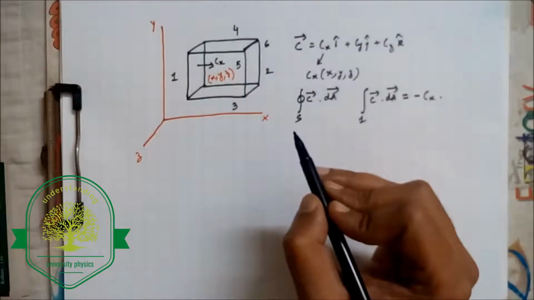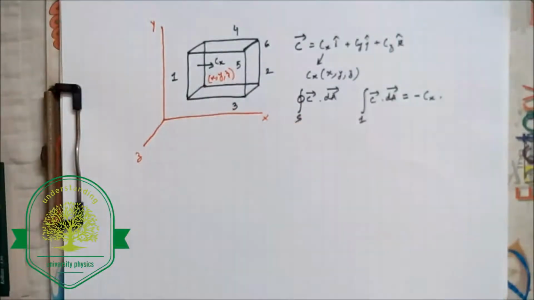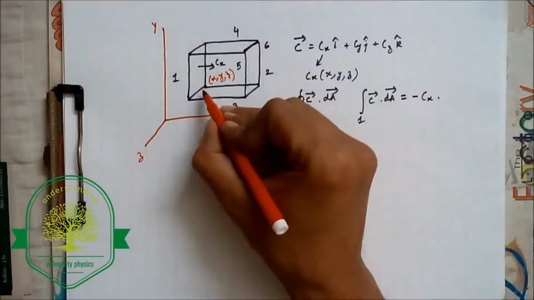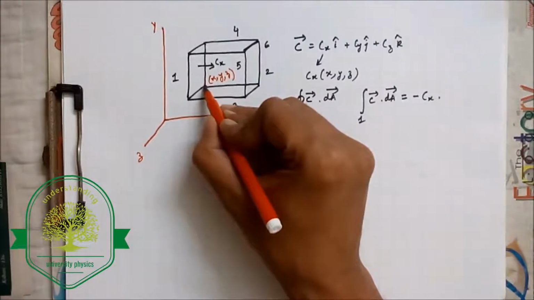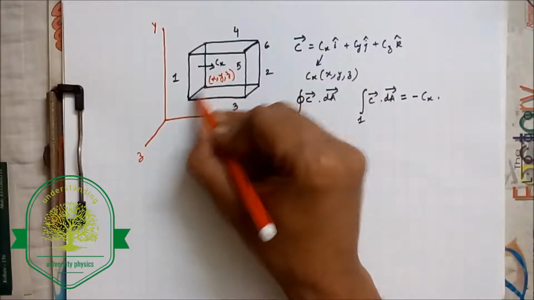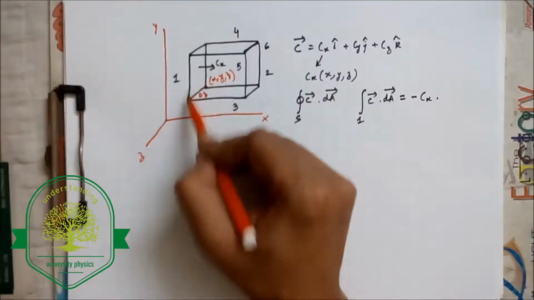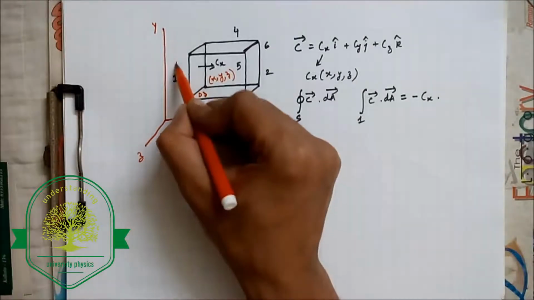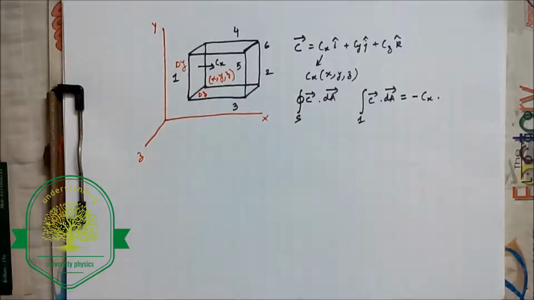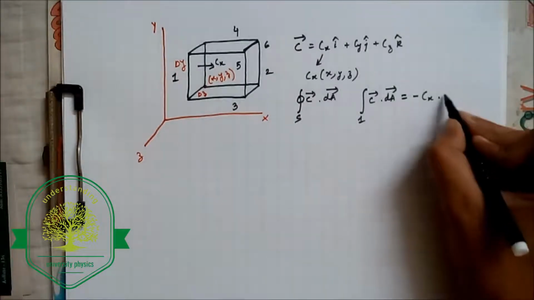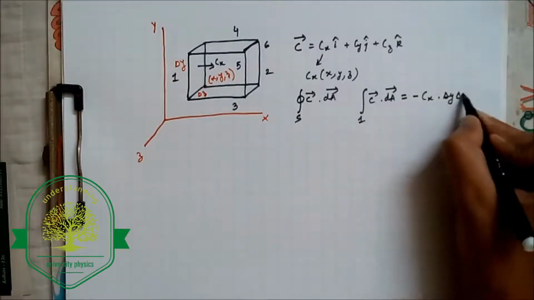So to find out that area, one of the sides, this side is a small increment along the z axis, so this is delta z. There's a small increment along the y axis, that's delta y. So this becomes minus of Cx times delta y delta z.